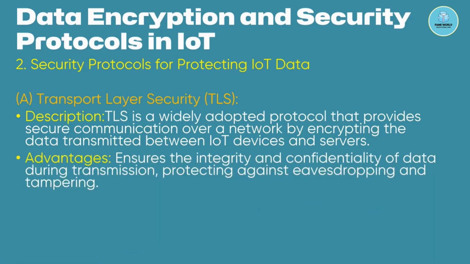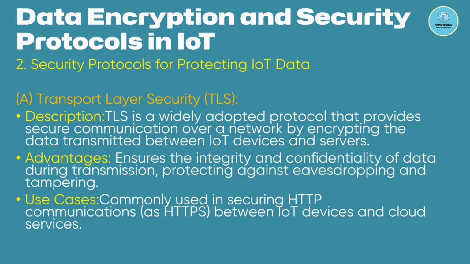And the advantage is ensuring the integrity and the confidentiality of the data during transmission, protecting against eavesdropping and tampering. So tampering of the data will not happen. And commonly used for securing, like in HTTP, HTTPS is there, that I told you earlier also.